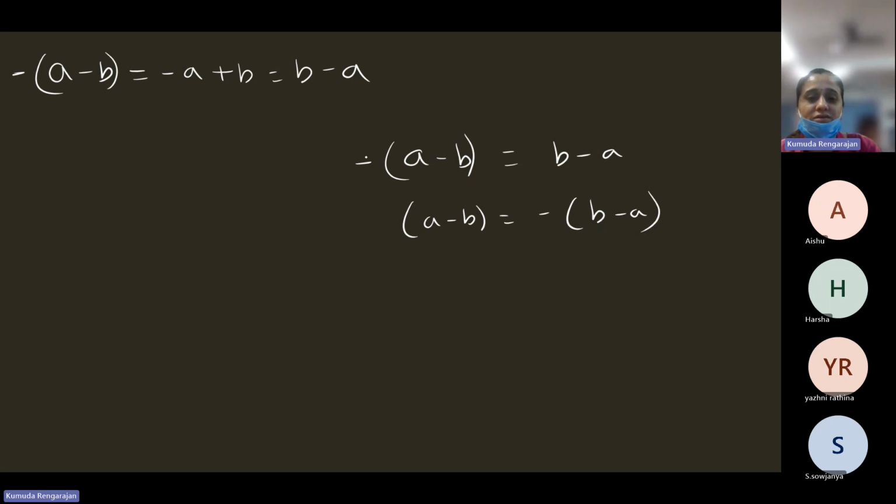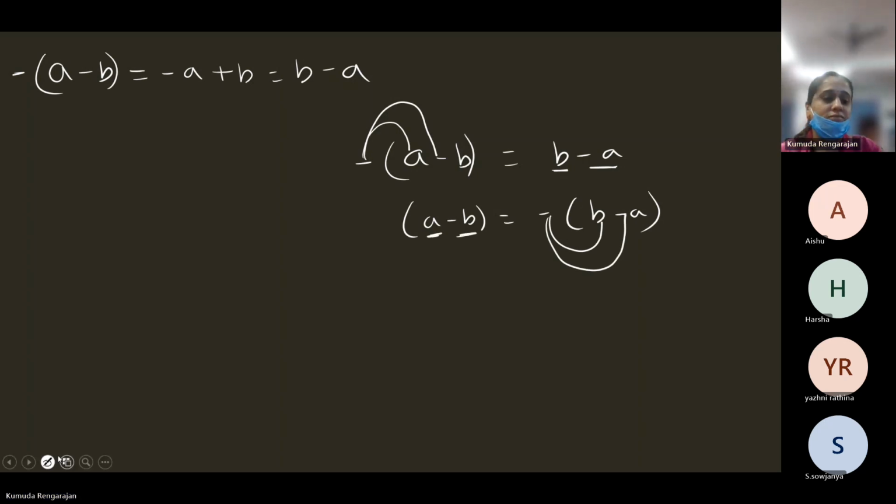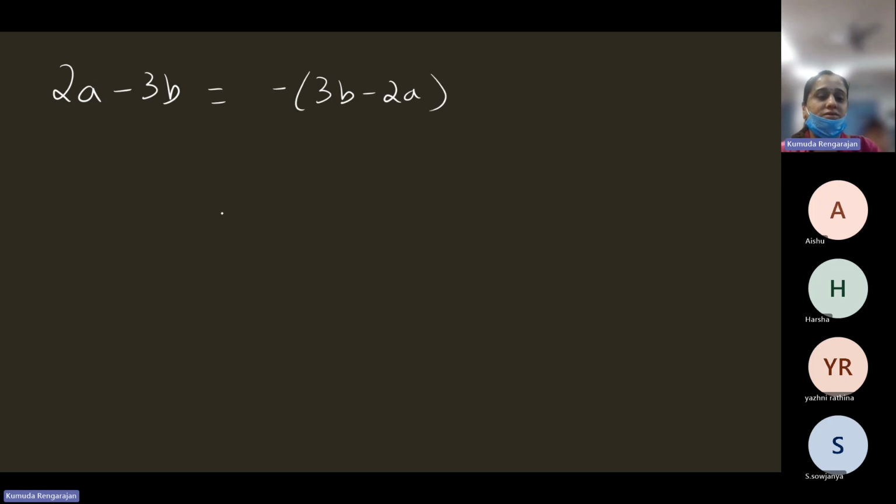You can multiply and check: minus into a is minus a, minus into minus is plus b. So now tell me, how can you write 2a minus 3b in a different way? 2a minus 3b is 3b minus 2a, but take a minus outside.